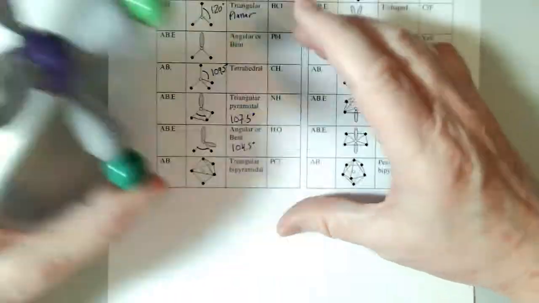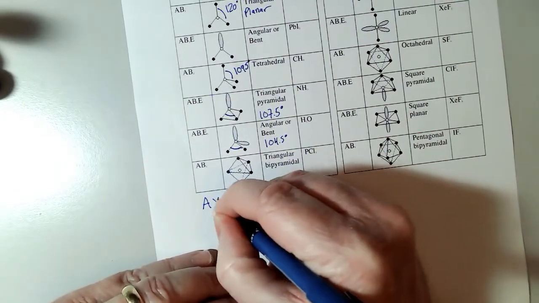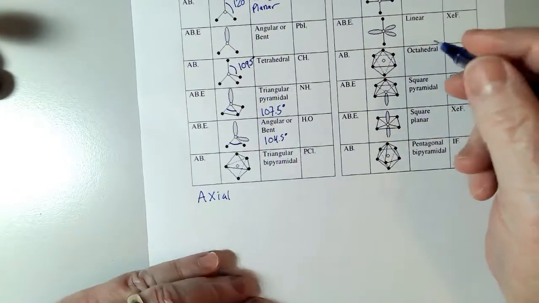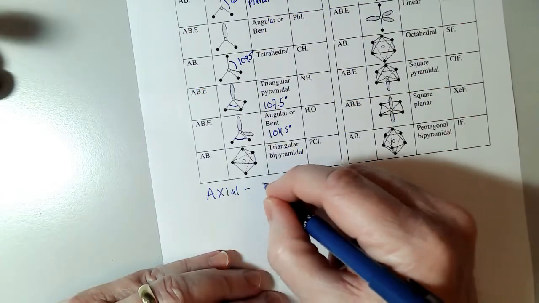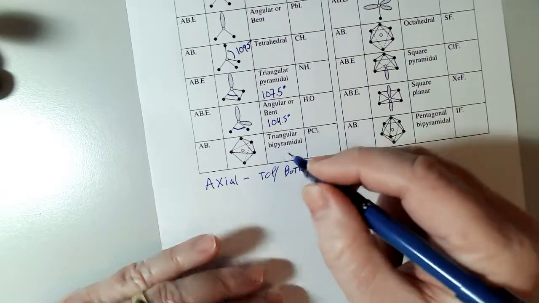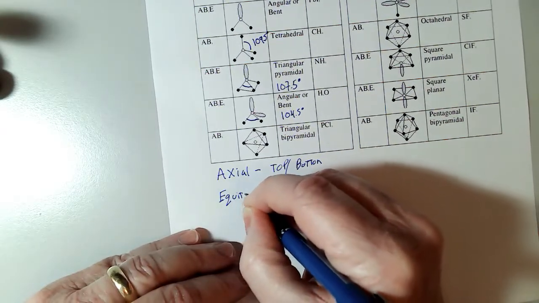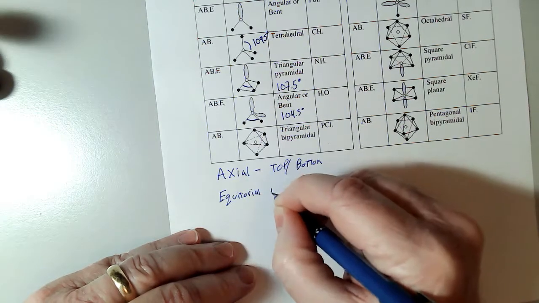Now the ones that go up and down are called axial, A-X-I-A-L, and the ones that go around the center are called equatorial. These go around the middle.